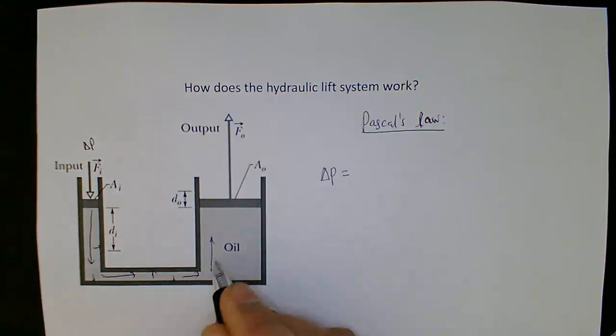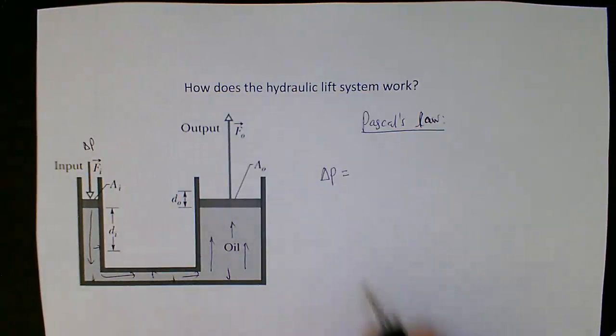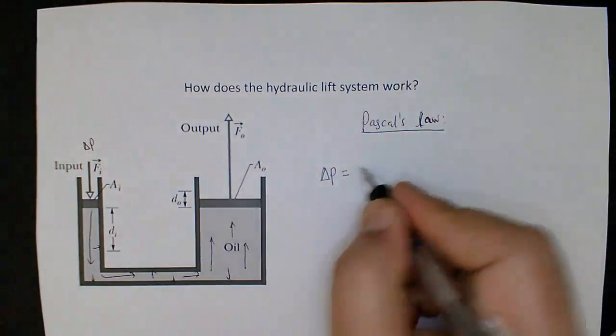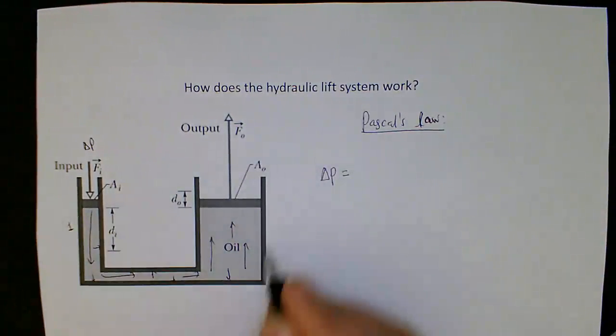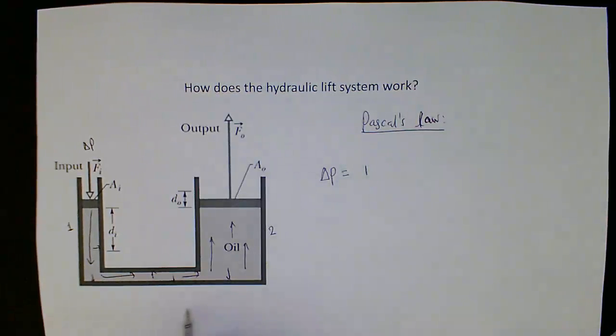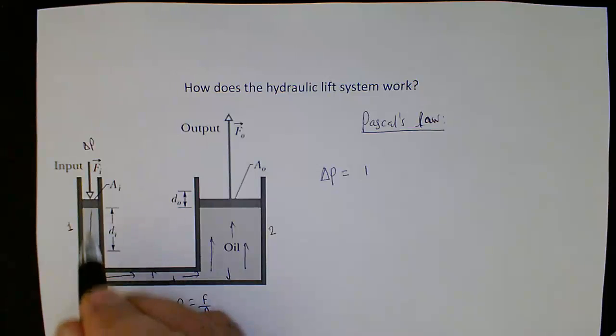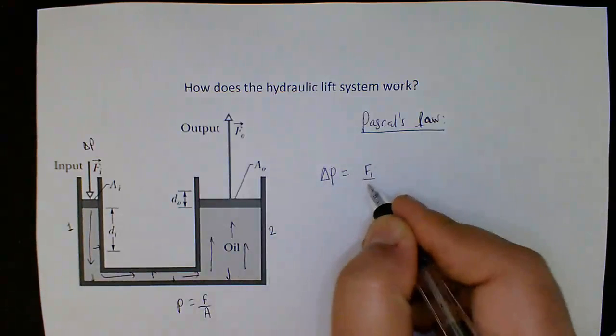And not just against the wall. It's equal everywhere, based on Pascal's law. So let's say this side of the tube is 1, this side of the tube is 2. Pressure is force over area. So the pressure generated in this narrow tube is force 1 divided by area 1.